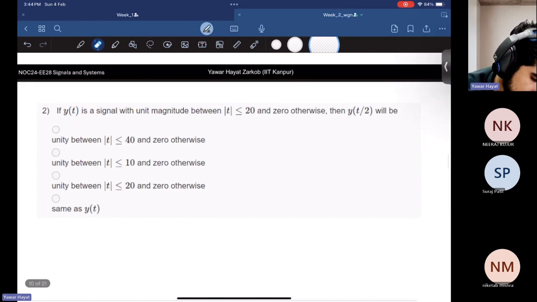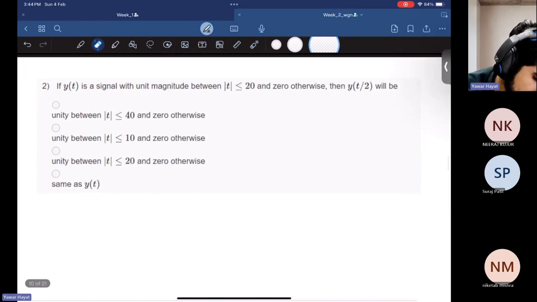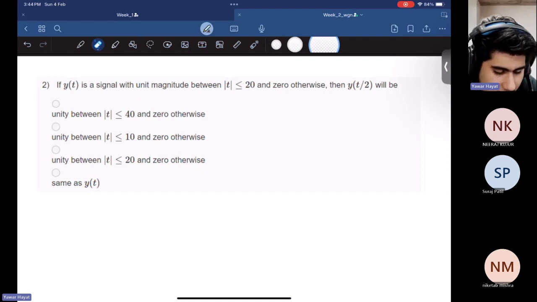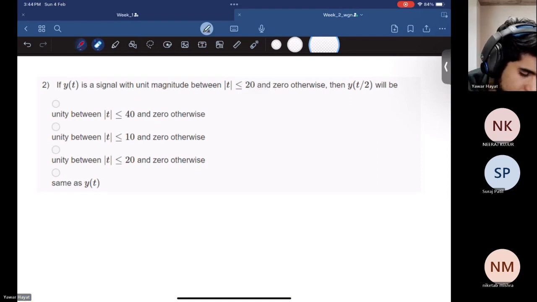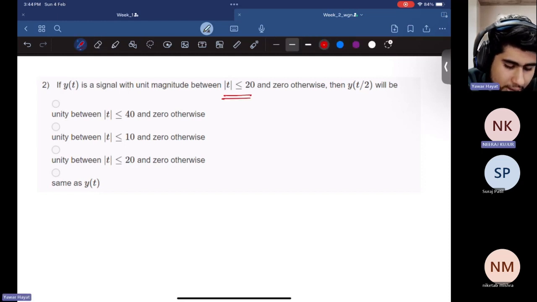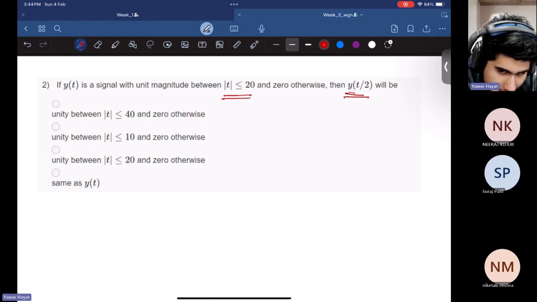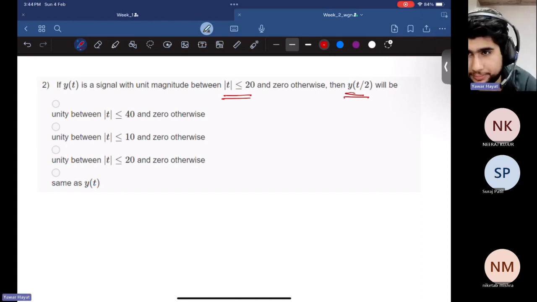And yeah, let's move on to sample problem 2. If y of t is a signal with unit magnitude between this and it is 0 otherwise, then this signal will be which of the following options? Attempt this question and let me know in the chat.